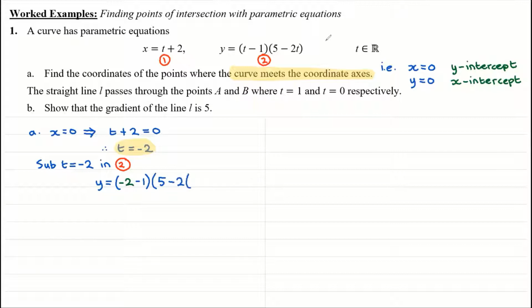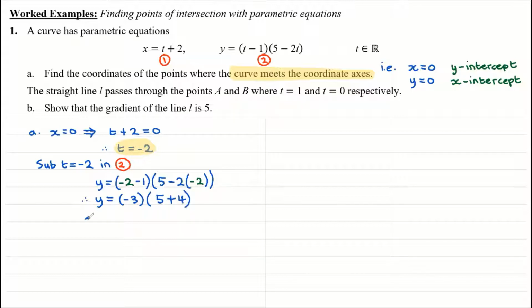So we've just got to be careful with the signs here. Close both those brackets. Just plugging it in. You could expand it if you wanted to. So therefore y is going to equal negative 3 multiplied by 5. Now negative 2 multiplied by negative 2 is obviously positive, so that's going to be plus 4.